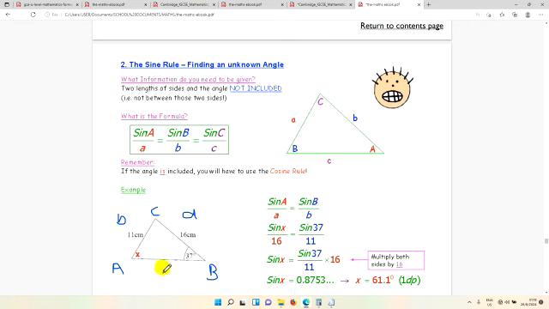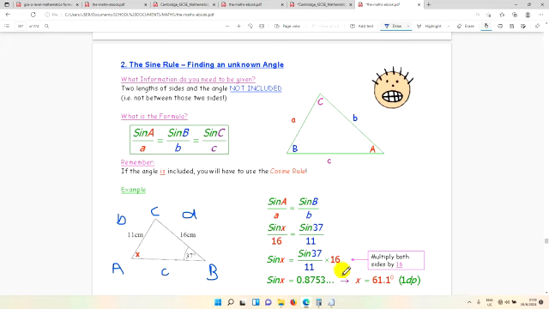Sine C, this would be my small letter c. Now, where do we have the length a? We are given it. Small letter b, we are given as well. It means that when we are given a length and its opposite angle, then we can calculate the opposite angle. This one that's now a different one, don't worry about them.